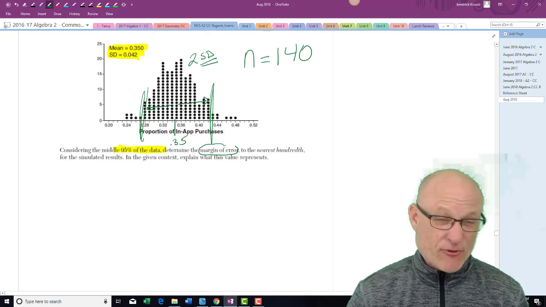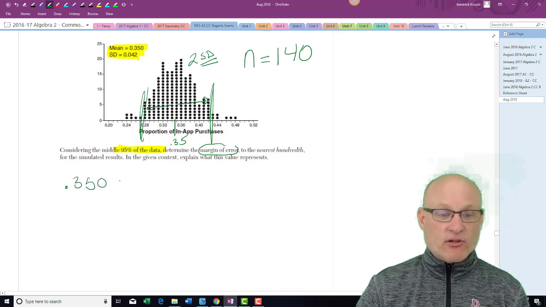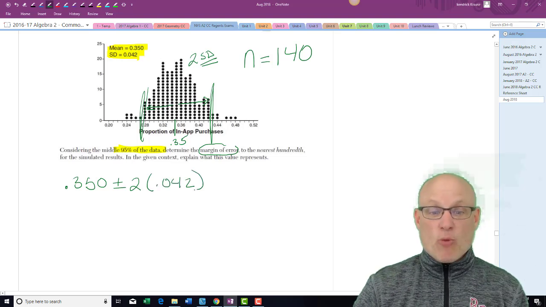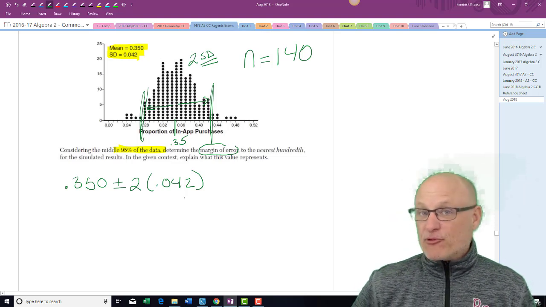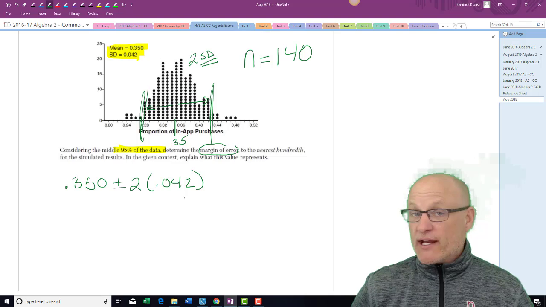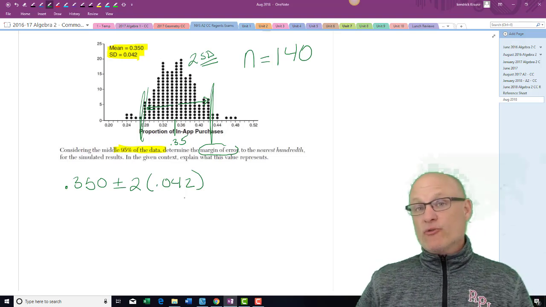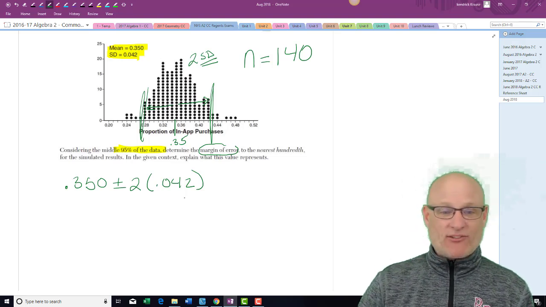So normally they ask for a 95% confidence interval, and you would go 0.350 plus or minus 2 times 0.042. Almost every single one of these exams says give me a 95% confidence interval where you think the true population mean belongs. Okay, and then you would just add and subtract 2 standard deviations. That's not what this question's asking for.